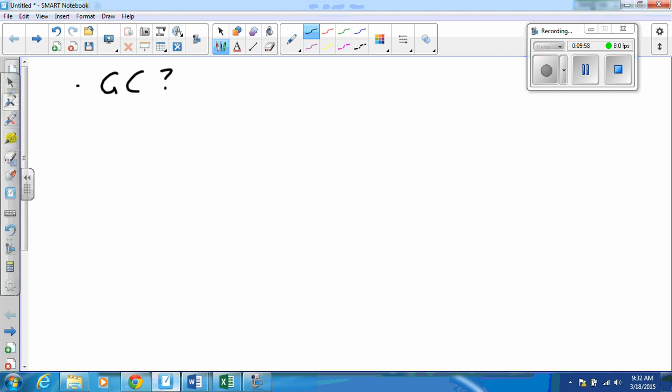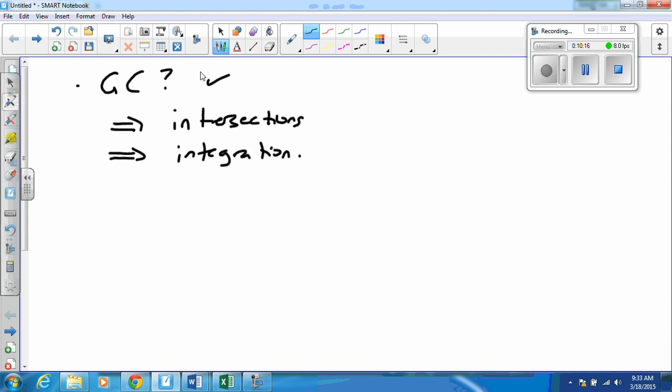Because it's a calculator problem, that means that I'm going to use the calculator to do what? What am I going to use the calculator for? Intersection points and integration. I'm going to be dogmatic about this and say that not only can you use the calculator for these things, but you should use the calculator for these things.